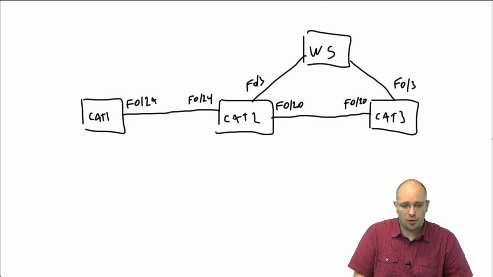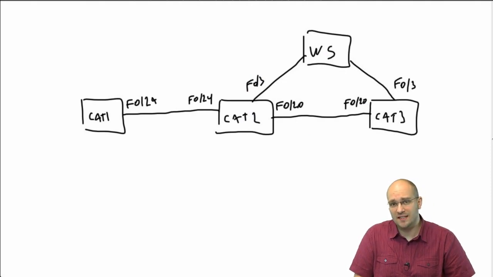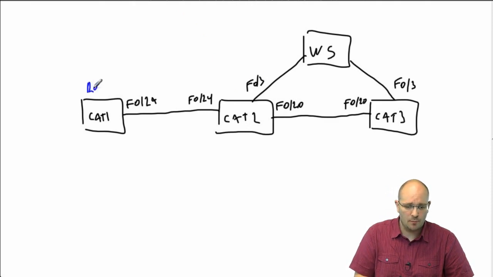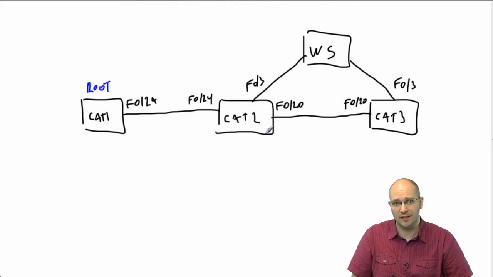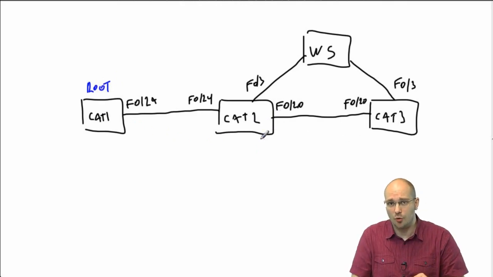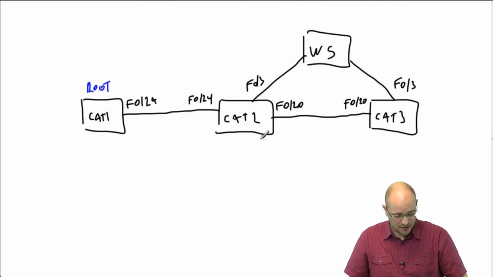I have made sure that if all the interfaces interconnecting these switches are up, Cat1 becomes the root. I've done that by increasing the root priority on Cat2 and Cat3. Let me show you the exact configuration that I used here.